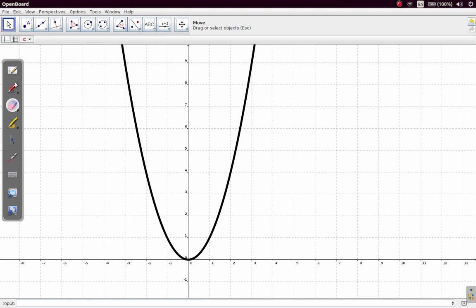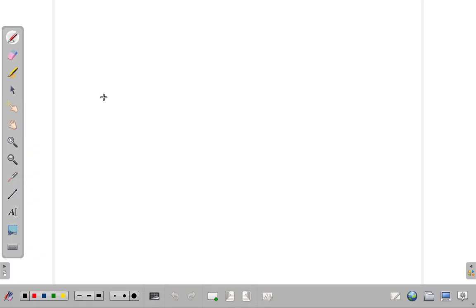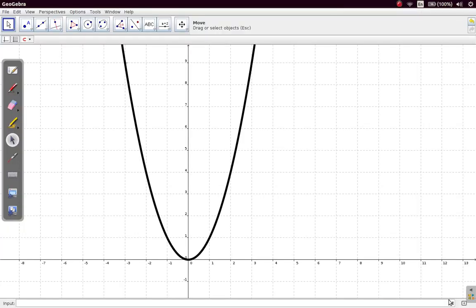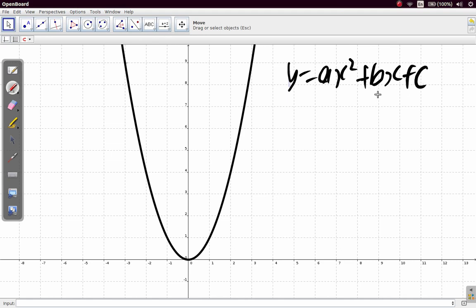When we have y equals x squared here, we have a quadratic function in the form y equals ax squared plus bx plus c, where in our case b is equal to 0, c is equal to 0, a is equal to 1, because y equals x squared is the same as y equals 1 times x squared. Alright?